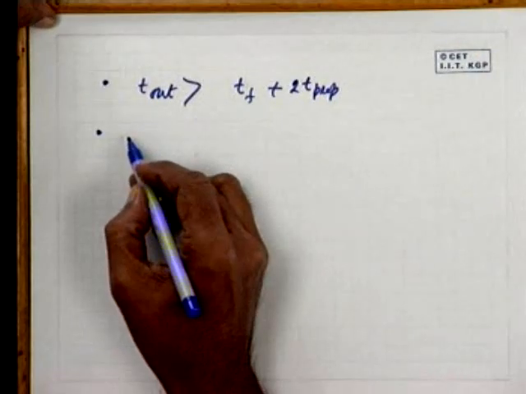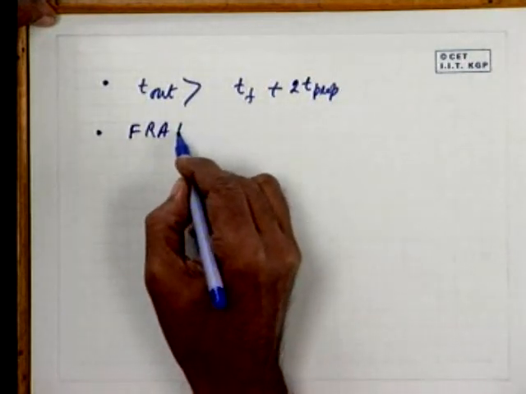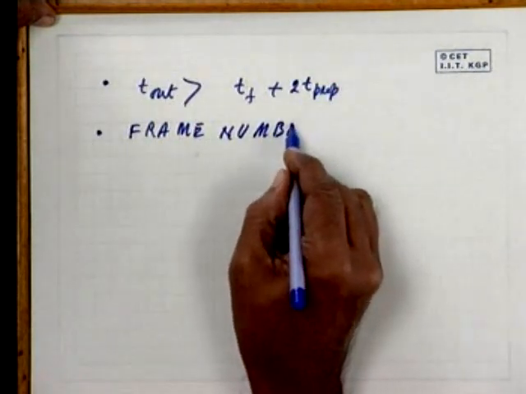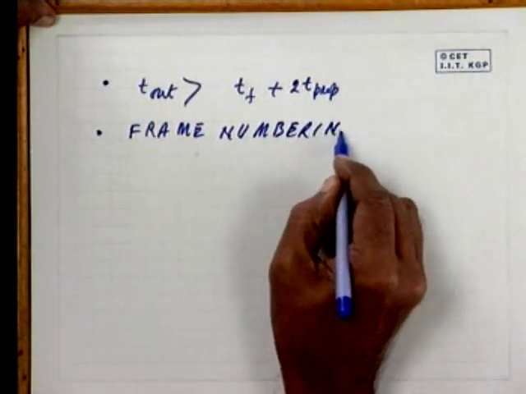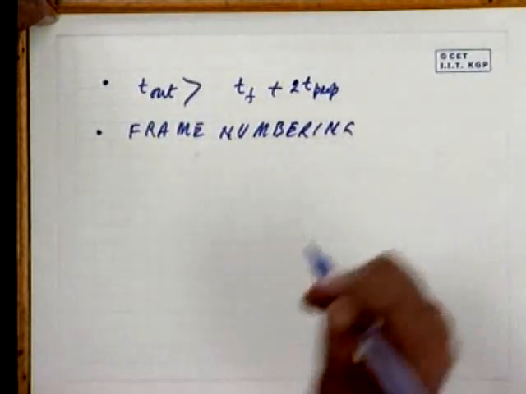Now, what should be the frame numbering? In case of stop and wait ARQ, we have seen that we can use modulo 2, that means m is equal to 2. So you have only 0 and 1 as the frame numbers. And what is the frame numbering that can be used in this case?